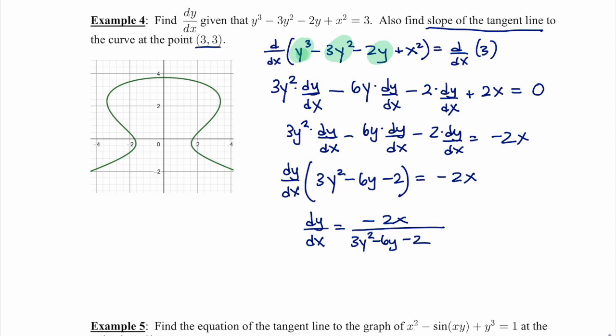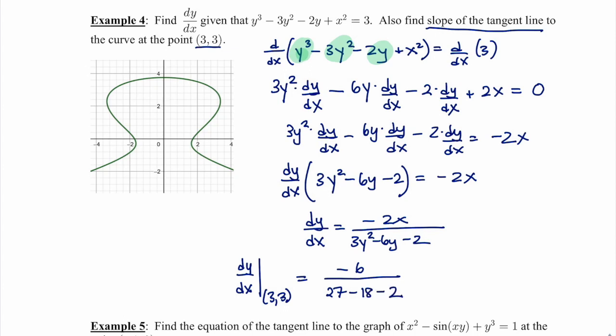So there's a formula that gives us a slope at any point as long as we know the x and y coordinate. But we want specifically the slope at 3, 3. So the slope at 3, 3 would be negative 6 over, let's see, 9 times 3, so 27 minus 18 minus 2.